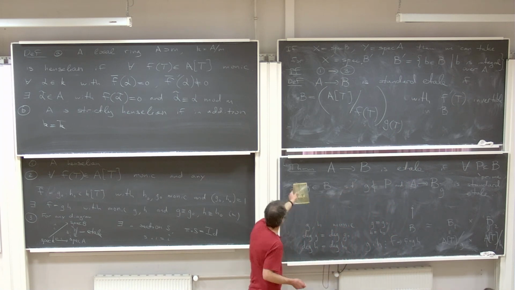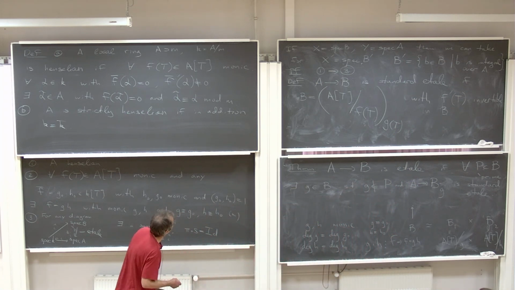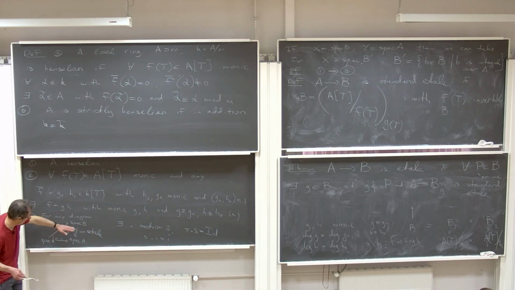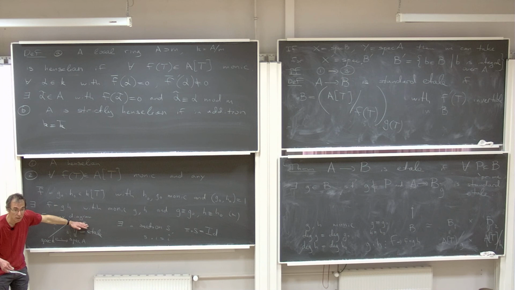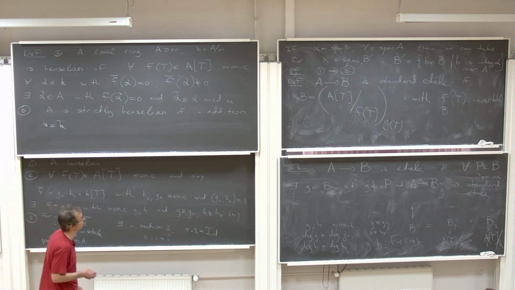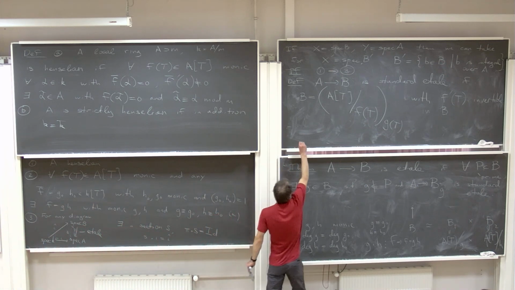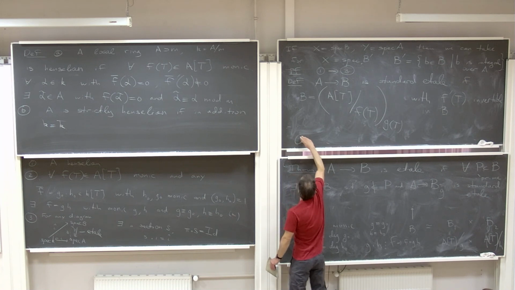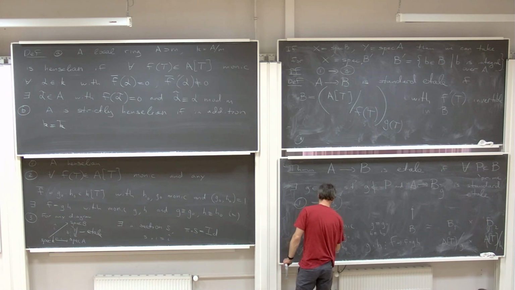So once you have this theorem, 3 follows immediately from 1. So 1 implies 3. I will make no more comments here.